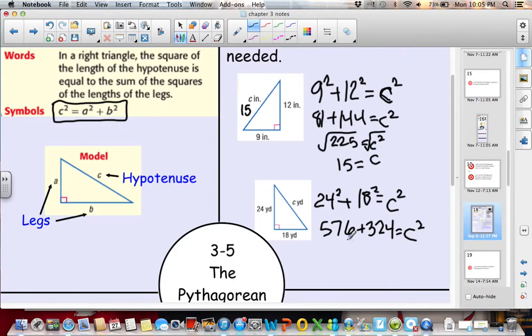Then I add together 576 plus 324 equals 900 equals c squared, and hopefully you're saying in your head that you have to take the square root of both sides. Square root of c squared equals c. Square root of 900, well, I know the square root of 9 is 3. So the square root of 900 would be 30. 30 yards.